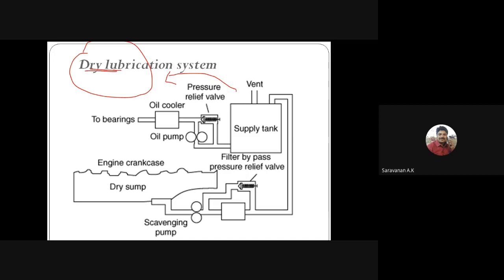If the filter becomes clogged, the relief valve opens, permitting the oil to bypass the filter. The oil from the storage or supply tank is pumped into the engine bearings or cylinder through the oil cooler. Here you can see in this diagram what the terms are.